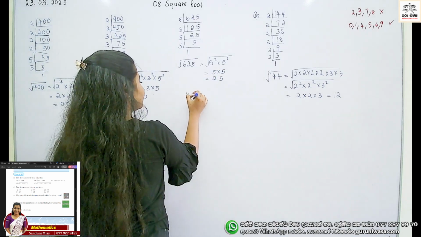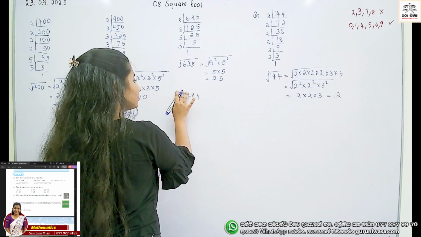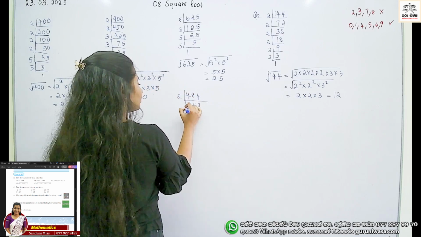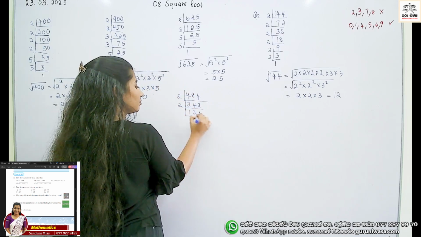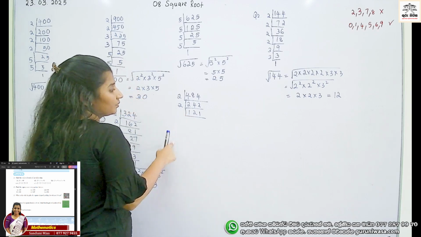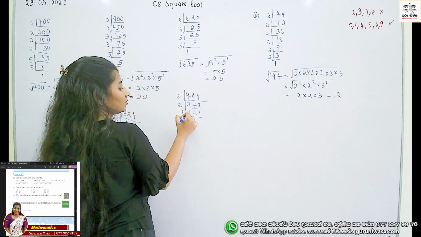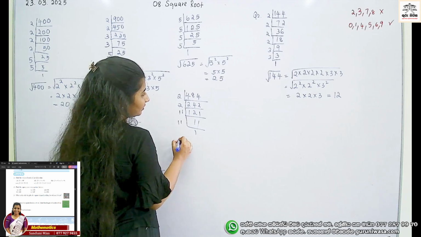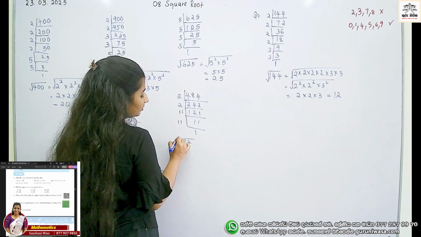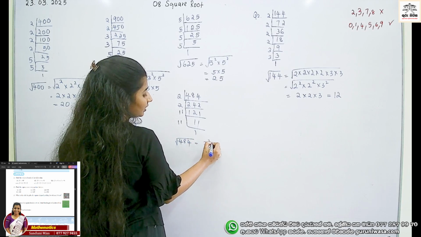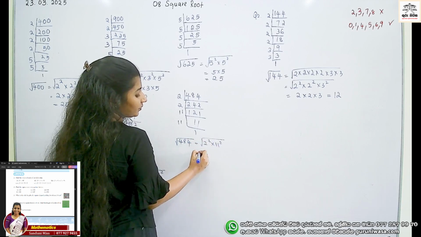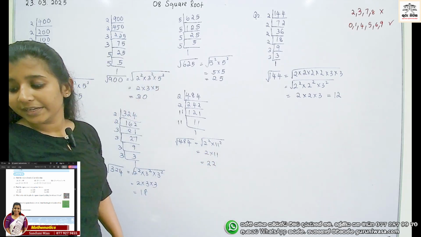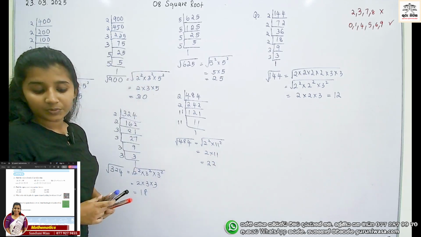Then 484. Here we will be having 484 is equal to 2 square times 11 square. 2 times 11, which is equal to 22. Right? Okay. Then question number 3.